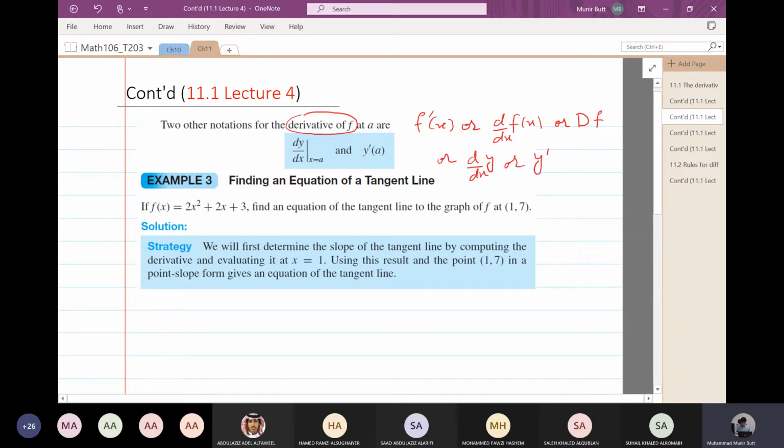So these are all the notations of the derivative. And if you want to say the derivative at a point, this is the notation for the derivative at the point a, meaning you can find the derivative at some point as well.